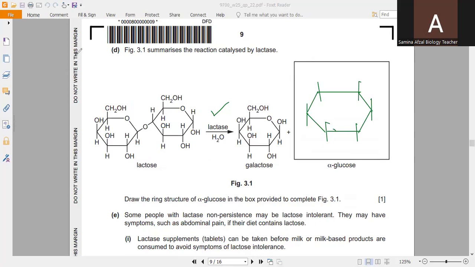Now, CH2OH and H, then there will be oxygen over here and hydrogen, OH.